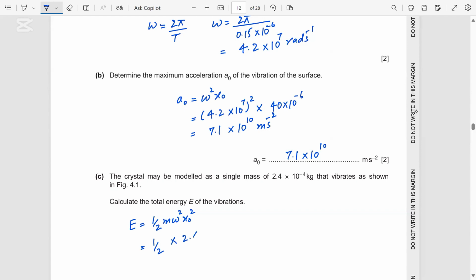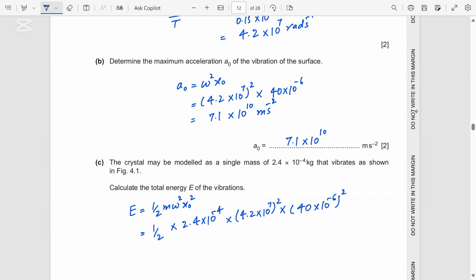You have the mass. Omega you've already calculated, that is 4.2 into 10 raised to the power 7 square. X naught here is given, and you'll get your answer in two significant figures as 340 joules.